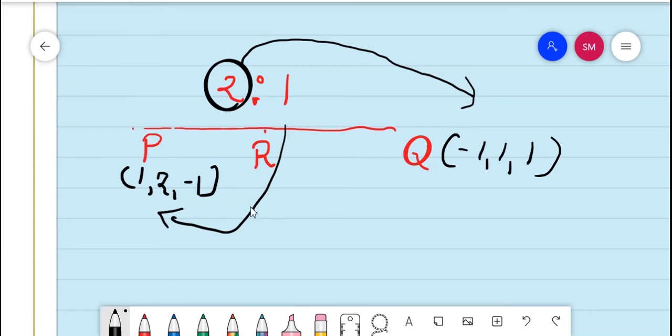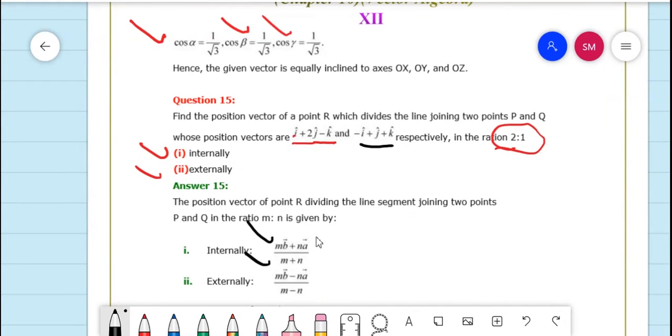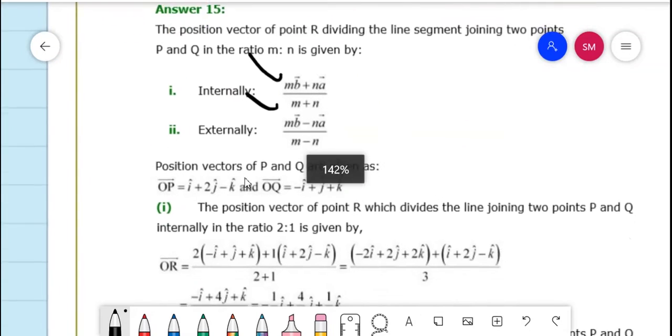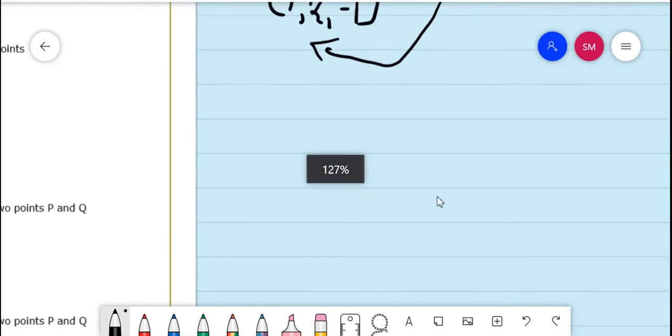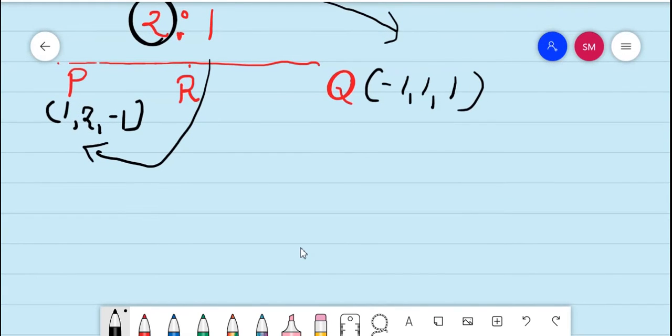So it is 2 into (-i + j + k) plus 1 into (i + 2j - k), upon 2 + 1. So that is 3. And if you simplify, you will get -1 upon 3, 4 upon 3, 1 upon 3. So this is a simple one. And if you use that 10th standard direct formula, then also you will get the same answer.